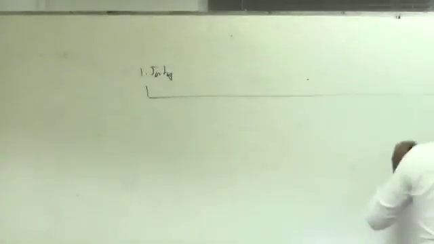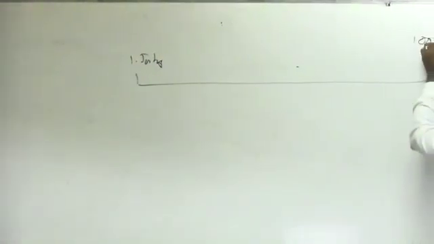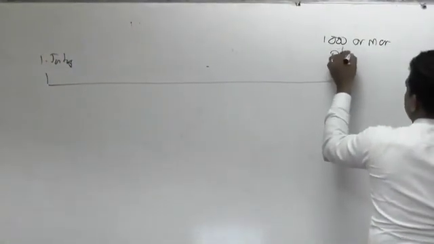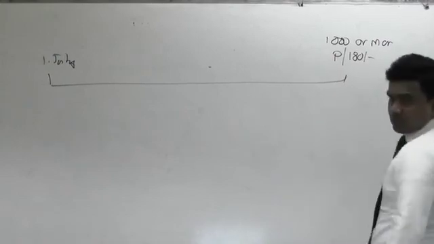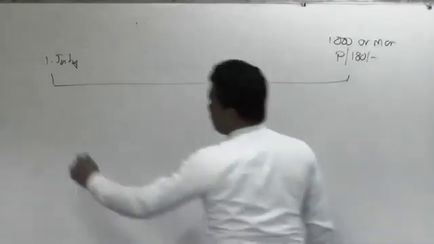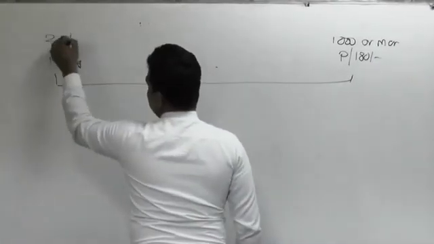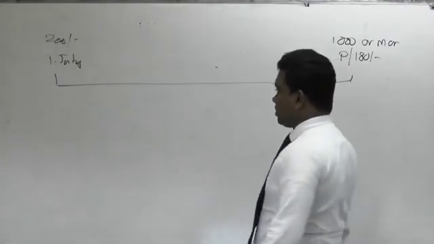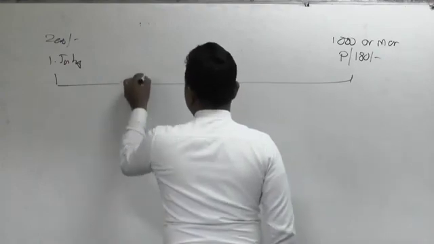If the customer bought 1,000 or more, price will be 180, but the agreed price is 200. Clear? Now the question mentioned the end of the first quarter.